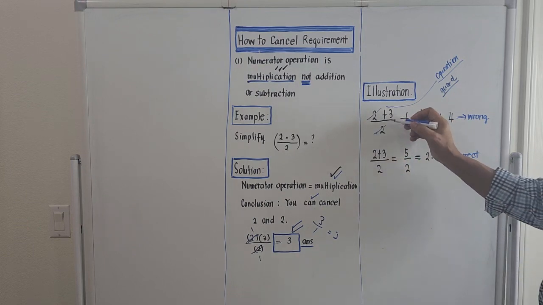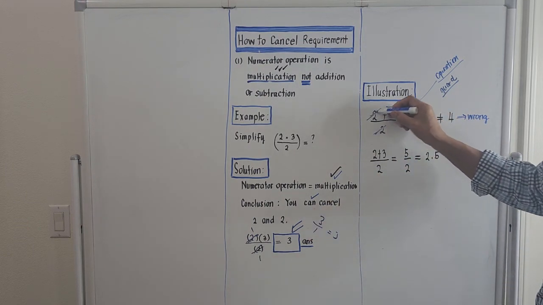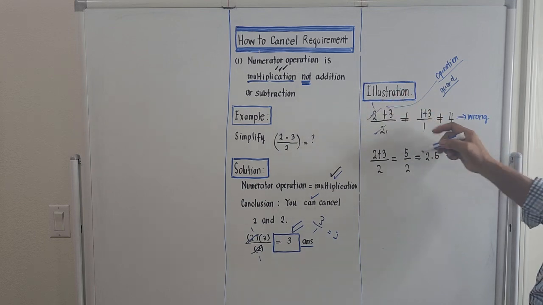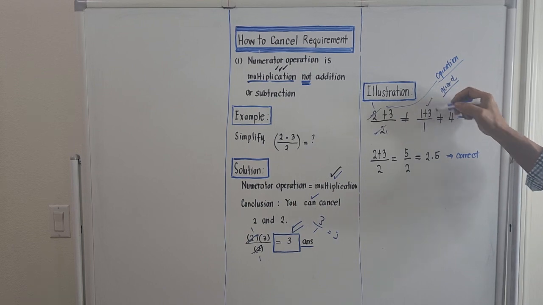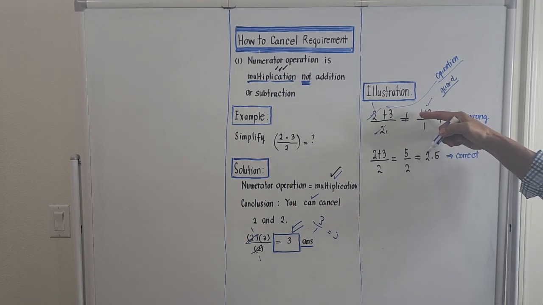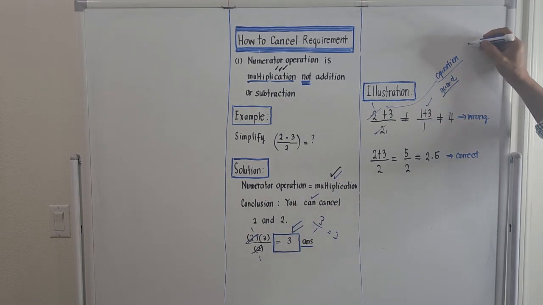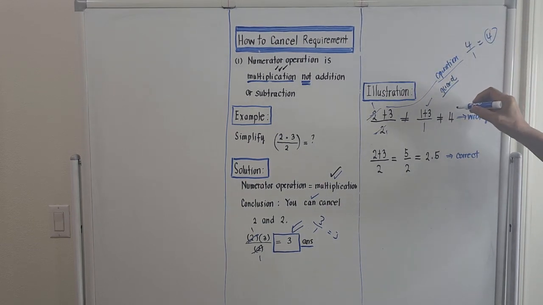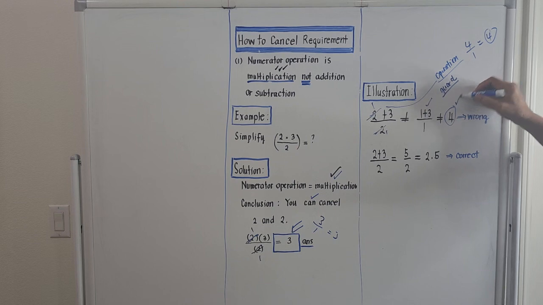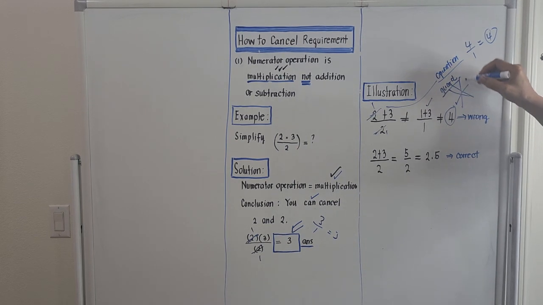So if you try to proceed with the wrong solution concept, you cancel this one. So this will be 1, this 1. So it will now be 1 plus 3 all over 1. 1 plus 3 is 4, over 1, and the answer will be 4. Your answer will be 4, but this is wrong, right?